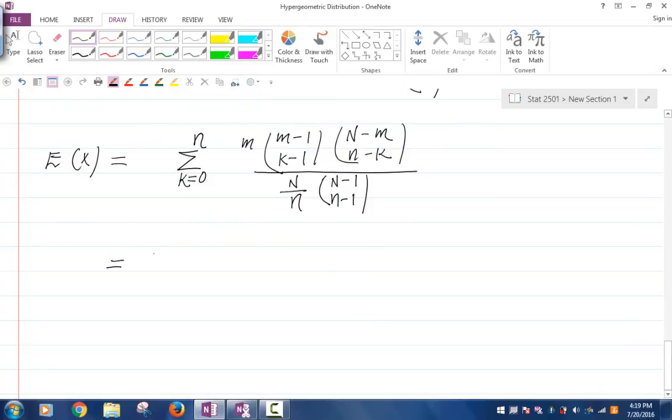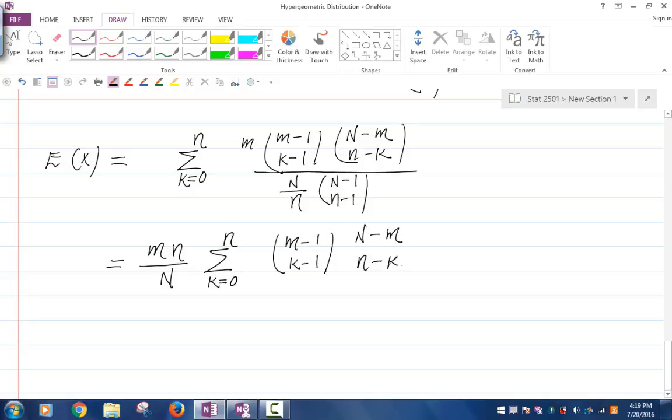So altogether I'm going to get mn divided by cap N, summation k going from 0 to n, m minus 1 choose k minus 1, cap N minus m choose n minus k, divided by cap N minus 1 choose n minus 1.